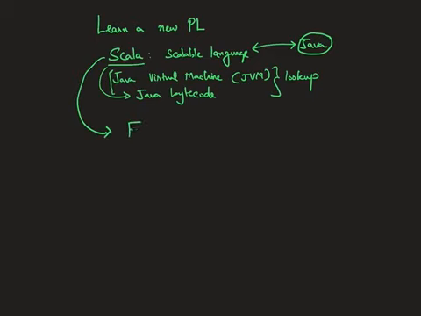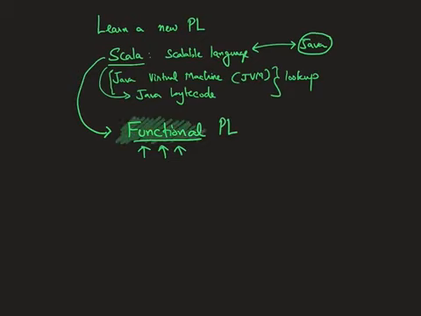It's going to be a functional programming language. In fact, I would say Scala is more of a general purpose programming language, but it supports this very interesting style of programming called functional programming. And one part of this course is going to just focus on learning about functional programming.